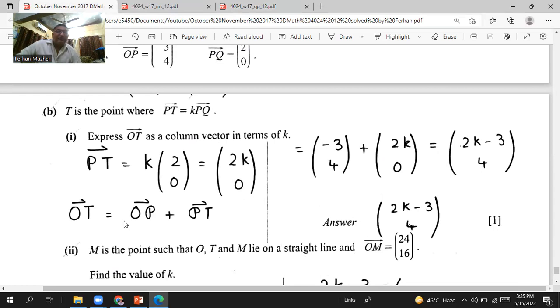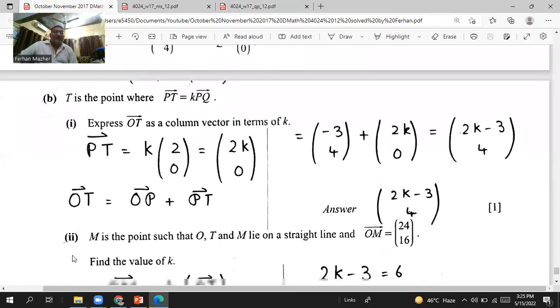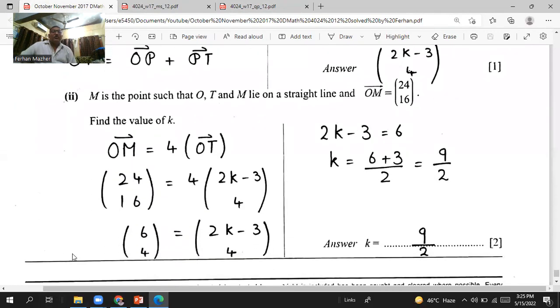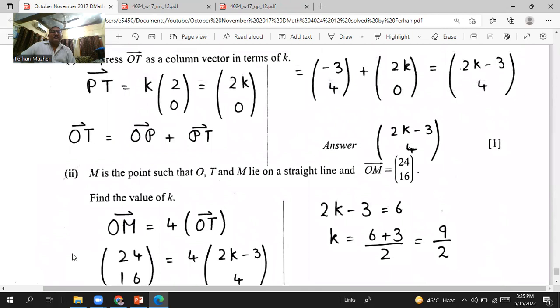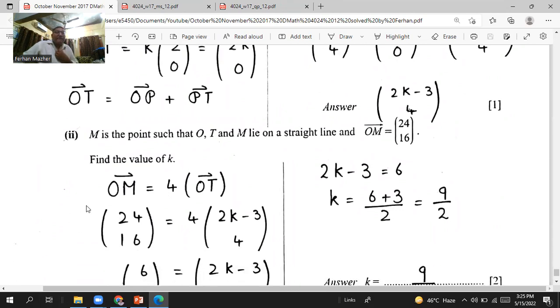Then he says M is the midpoint of that OT, and M lies in a straight line. Find the value. So M is the point such that OT and M lie on a straight line. Okay. So OM is 4 times OT. So this is (24, 16) plus 4.